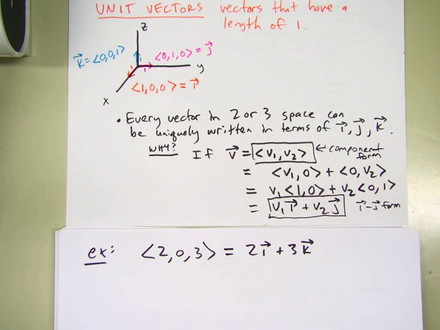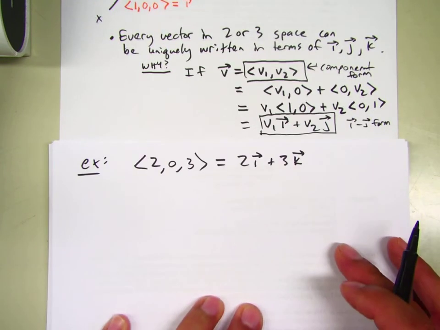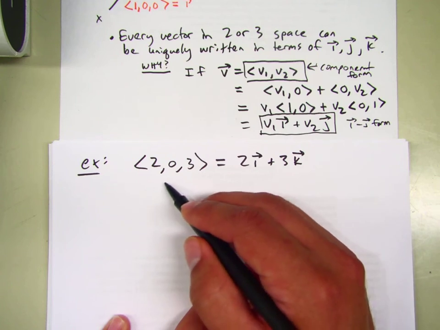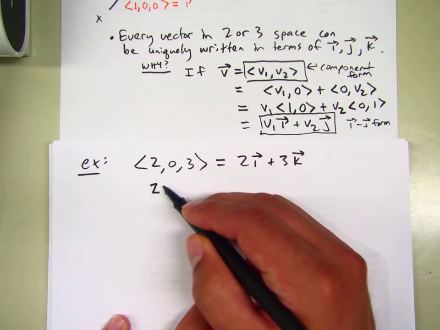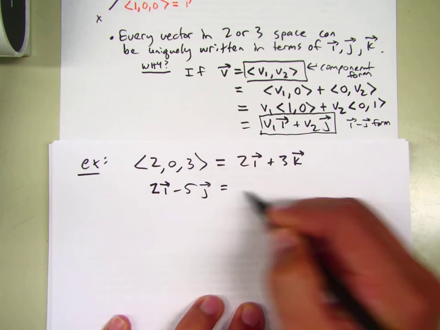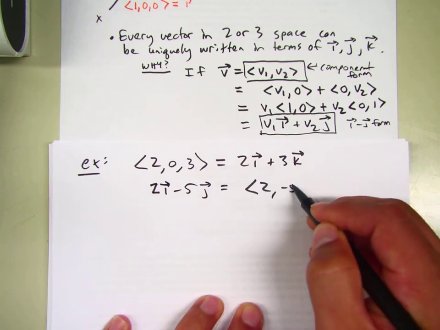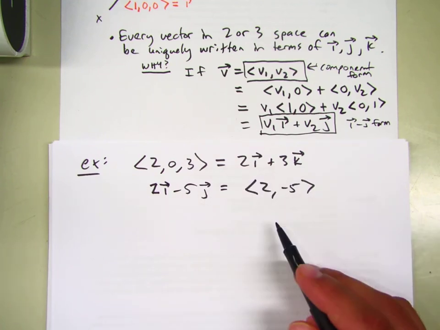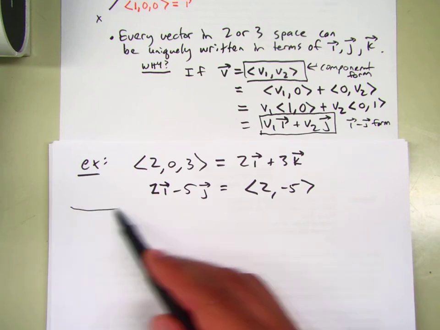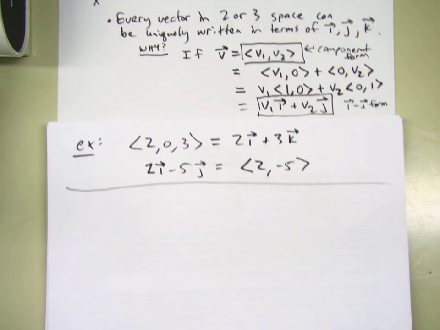And vice versa, if you have a vector that's in ij form, so maybe something like 2i minus 5j, you should know that that's the same as 2 comma negative 5 in component form. Okay? So hopefully that makes sense.